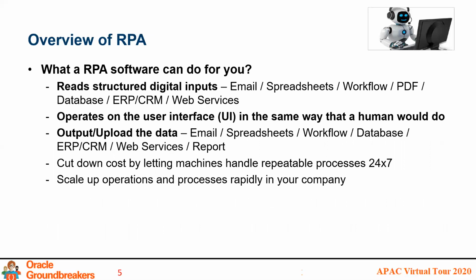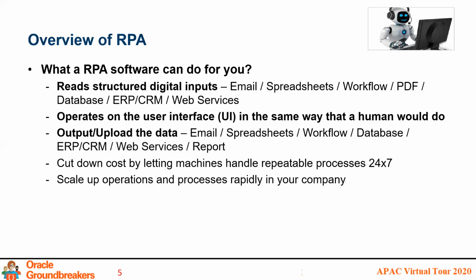It operates on the user interface in the same way that a human would. It can enter transactions, update transactions, delete transactions, output or upload data. It can send an email or generate an Excel file. It can progress the workflow. It can save the data in the database or enter transactions in the database.